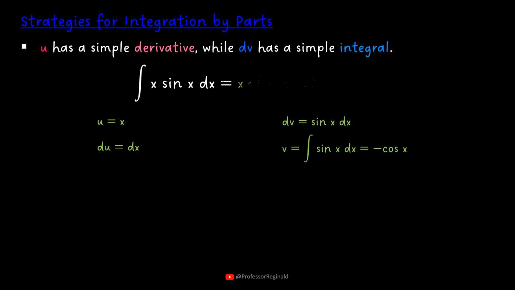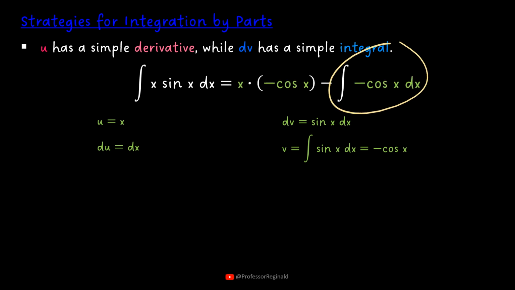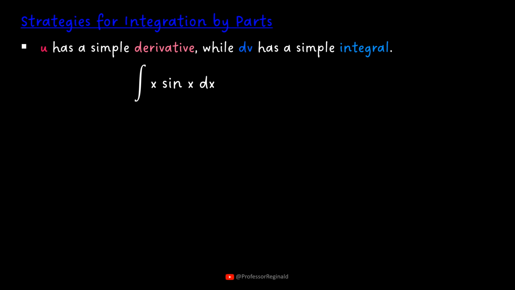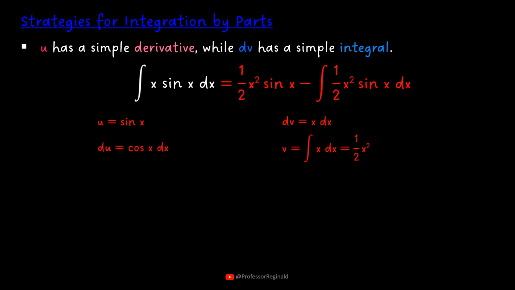Plugging these expressions into the formula leads to a product and an integral which is simpler to integrate than the original integral. However, if we choose u as the sine of x, and dv as x dx, the formula produces a more complicated integral than the original integral.